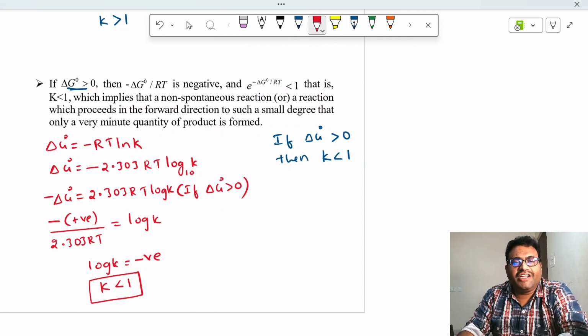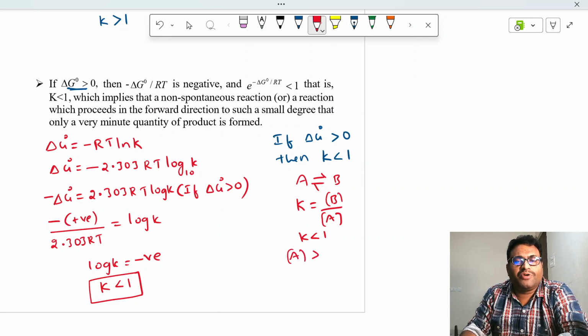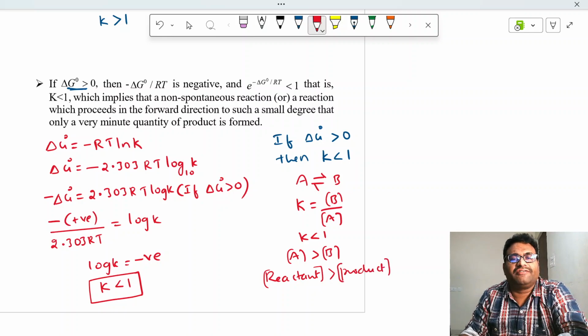So in the reaction A gives rise to B, K is concentration of product by concentration of reactant. If K is less than 1, what does that mean? B is less, A is more. Concentration of A is more than B. That means reactant concentration is greater than product concentration for the forward reaction.